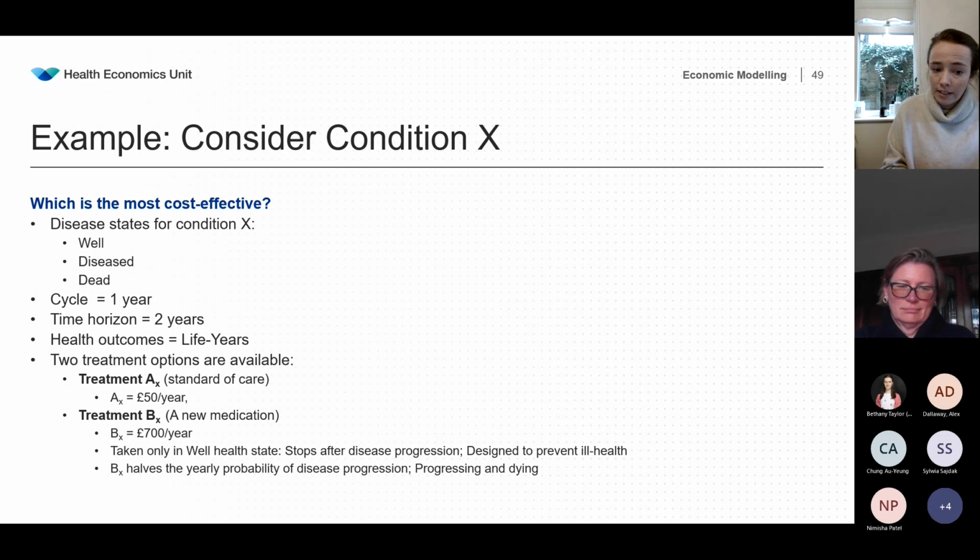Treatment B is a new medication that comes out. We give it to everyone who is well, and it stops disease progression and prevents ill health. Basically, that means it's going to have half the yearly probability of disease progression and dying. But remember, we only give it to those who are well.